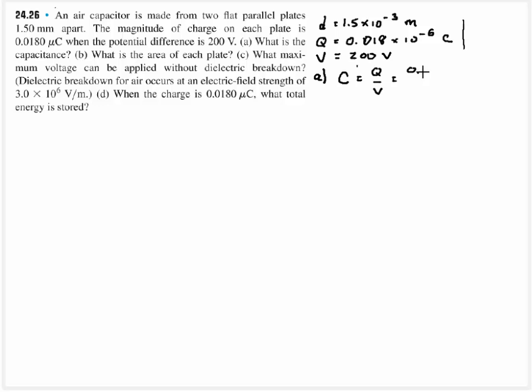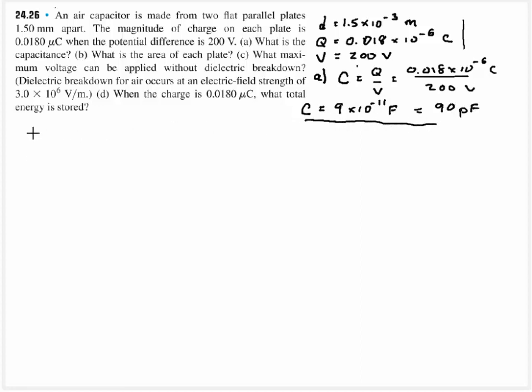So I'm going to have my 0.018 times 10 to the minus 6 coulombs divided by my voltage, 200 volts. I'm going to get my capacitance to be equal to 9 times 10 to the negative 11th farads, or I could also write that as 90 picofarads if I so desired.